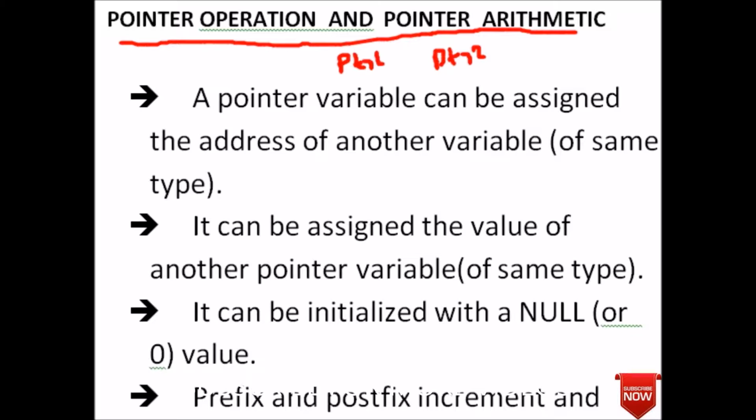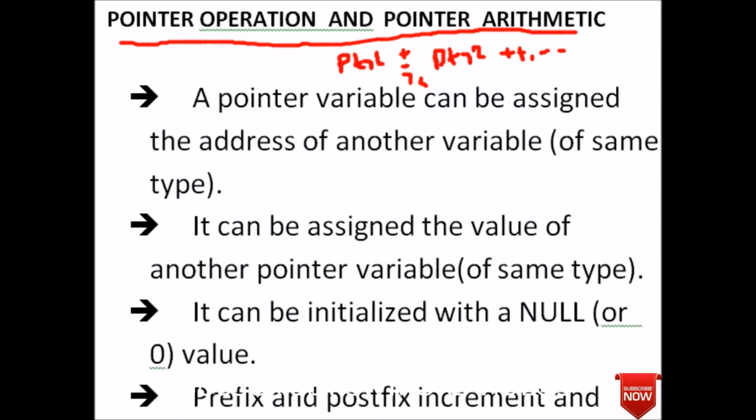Then we can do a few operations such as plus, minus, increment, decrement, and we can also compare larger than and smaller than between pointer variables. So here we are going to define some rules which are used in pointer operations.